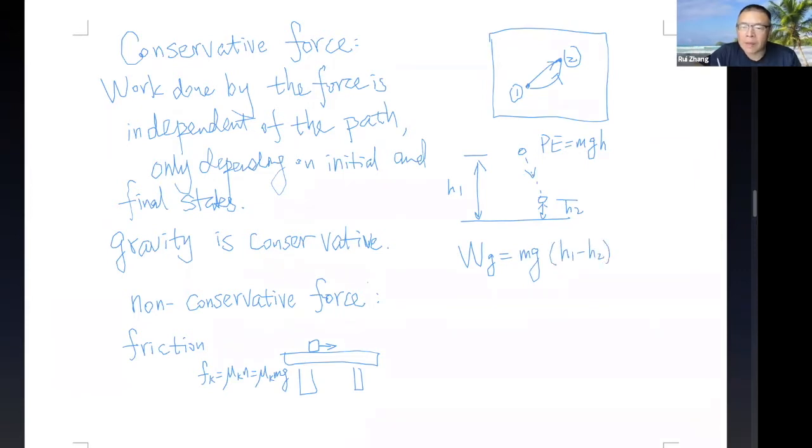But because this is independent of the path, we can define the potential energy associated with each height. Then using the same definition, you see that this work equals the negative of the change of potential energy, which is the initial potential energy minus the final potential energy, okay?